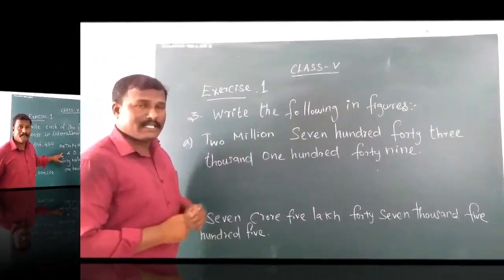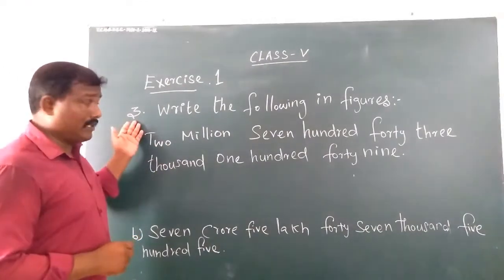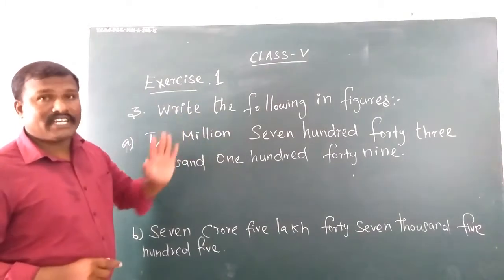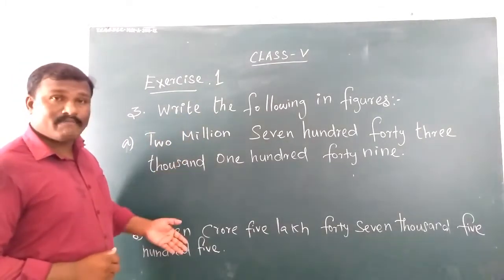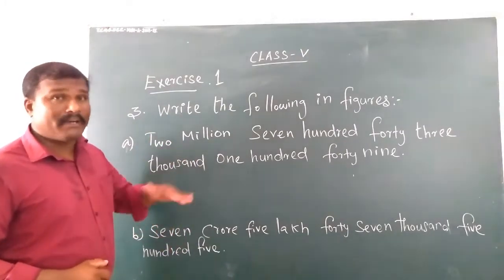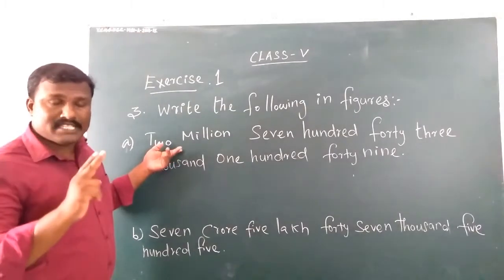Okay students, let me take another exercise. Third exercise: write the following in figures. They are given some words, and now we want to convert them into figures, meaning numbers. First we have to do two things.